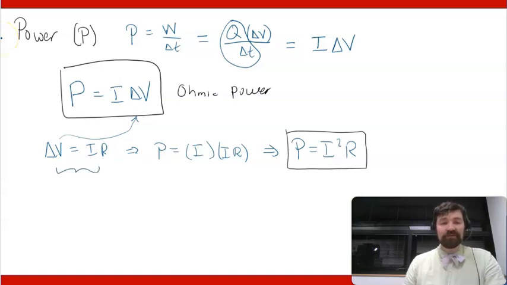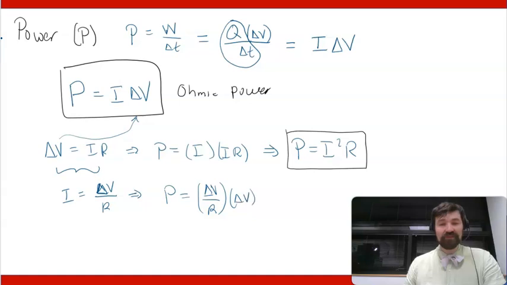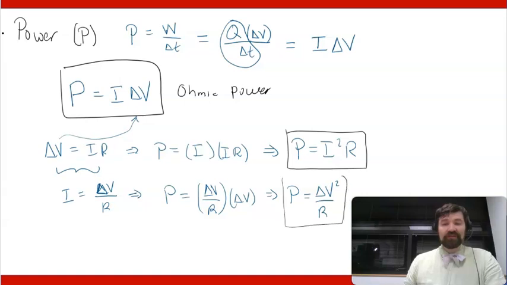Finally, I can rewrite this equation to say that I is delta V over R. And so Ohm's law, once again, can be written as P is equal to delta V over R times delta V. And so I can also write that power is delta V squared divided by R. So all three of these are valid equations.